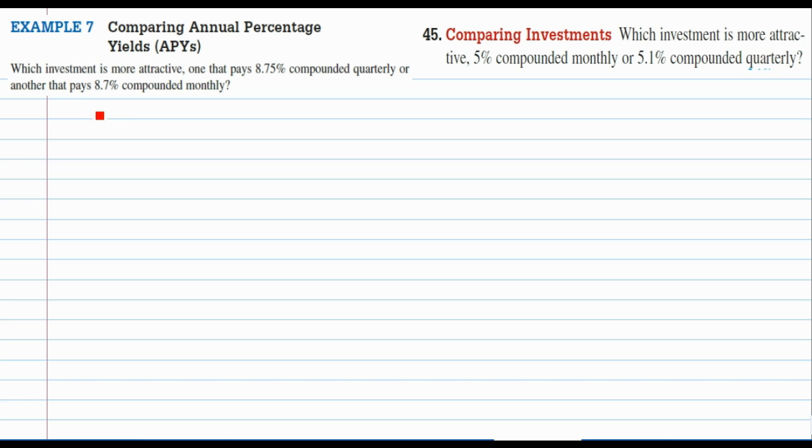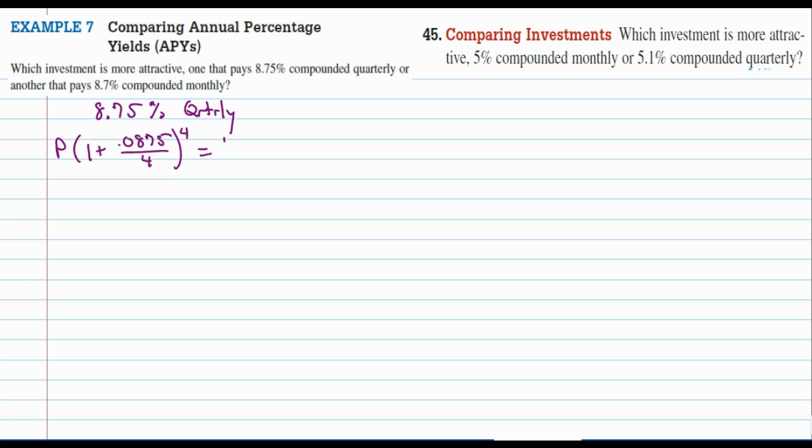So I'm going to first look at the 8.75% compounded quarterly. Now, the initial investment is going to earn a rate of 8.75% compounded quarterly for 1 year.